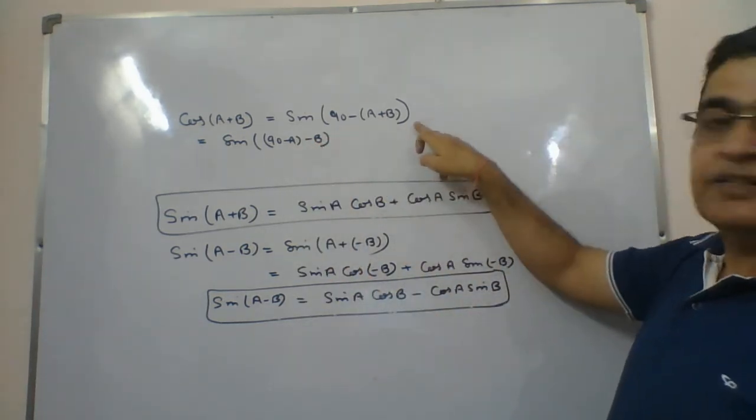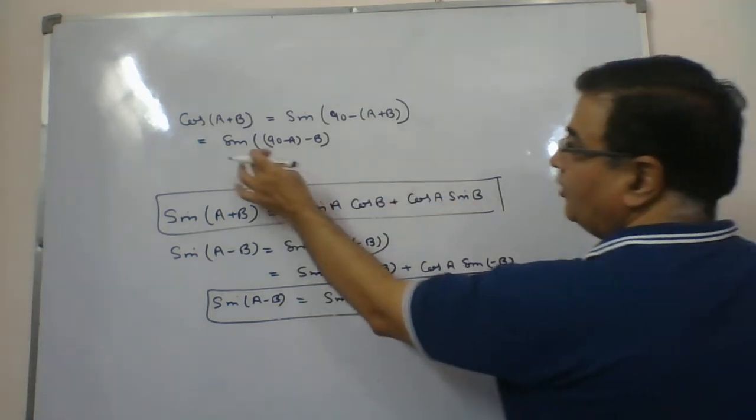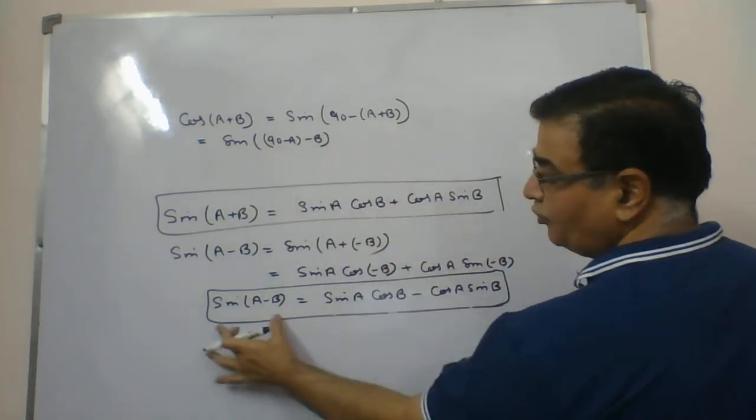90 minus A minus B. So 90 minus A I'm writing together and minus B separate. And now again the sine A minus B formula is here.